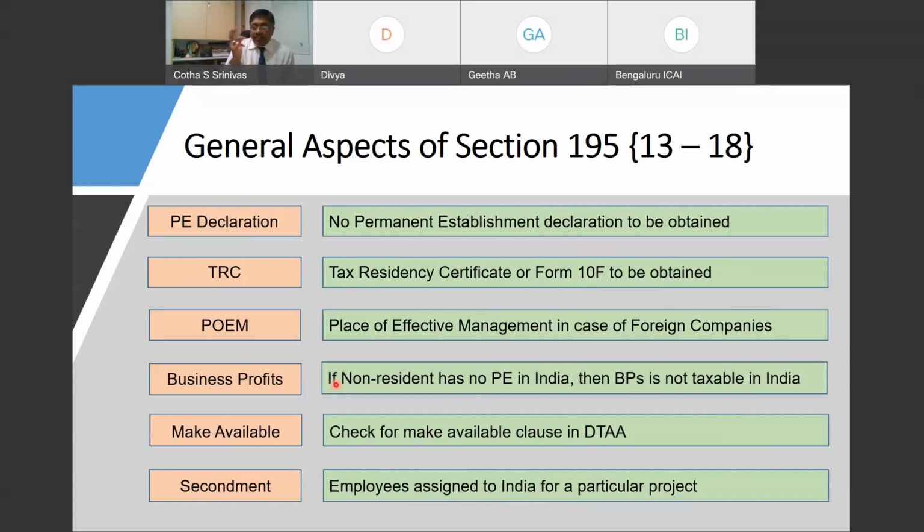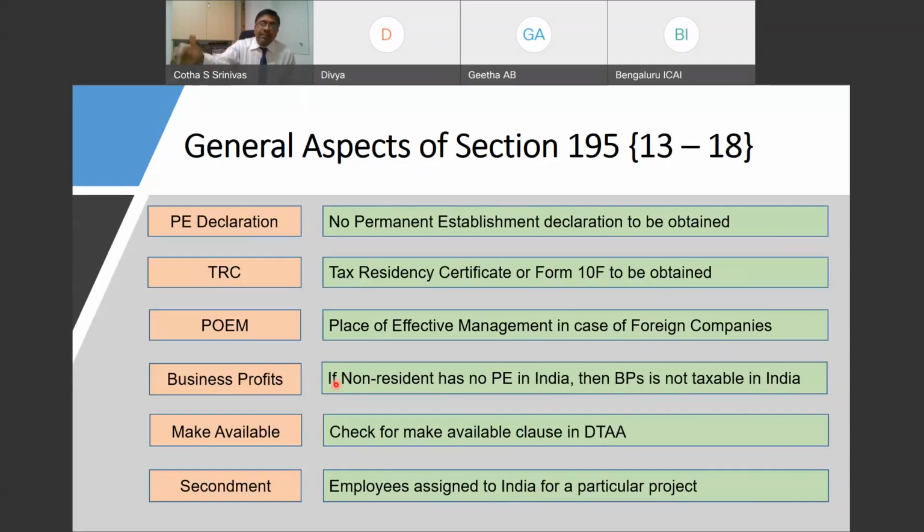The other situation is where the employees of the company in country A are deployed in India and directly report to the company in country A, and taking their instructions and guidance, they work in India.